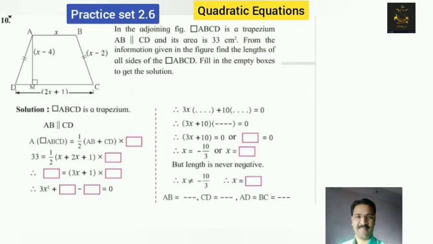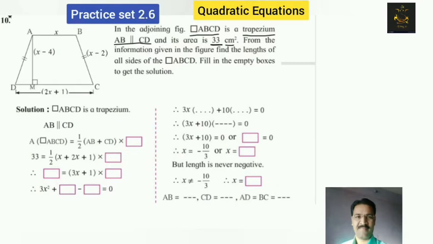Friends, in this 10th sum, which is an activity sum, in this figure they are given to us ABCD, which is a trapezium. Okay, and here AB and CD, both are parallel to each other. And the area of this trapezium is 33 centimeters square, given to us.